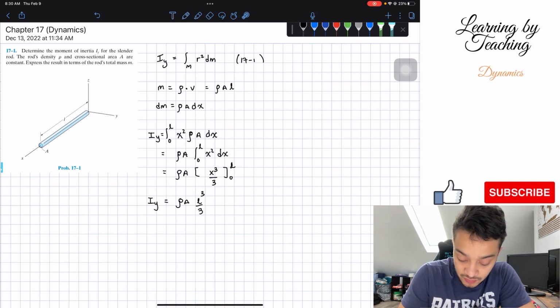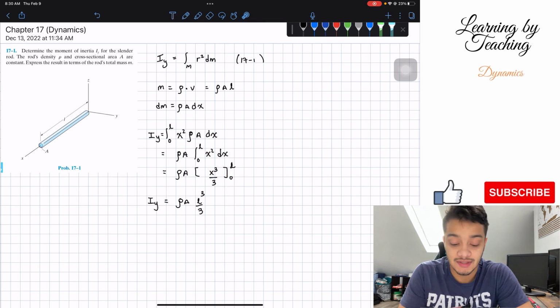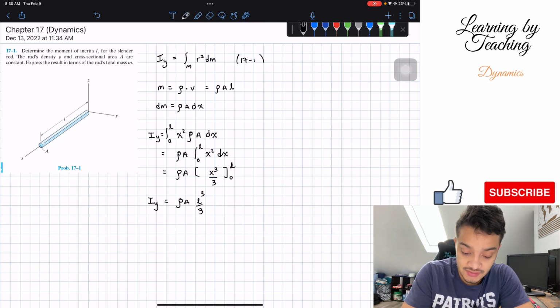We plug in L where the x is, and that's why we have L cubed divided by 3. Then when we plug in 0, we have 0 cubed divided by 3, which is equal to 0. Therefore, my answer stays the same.